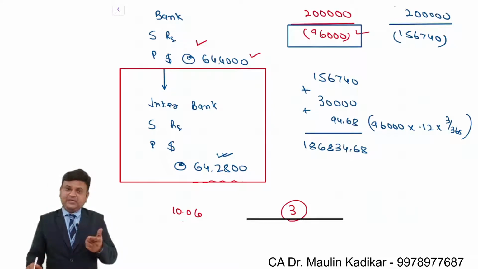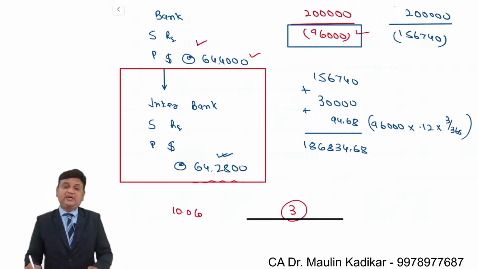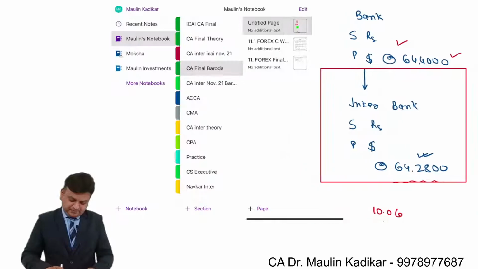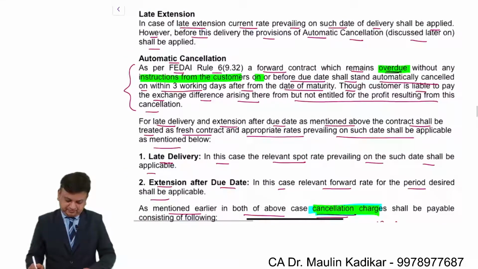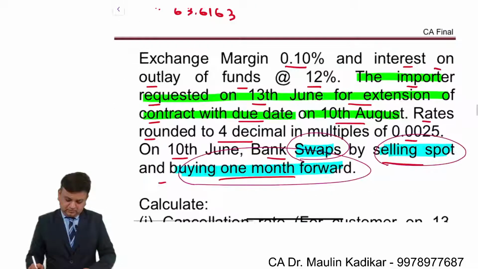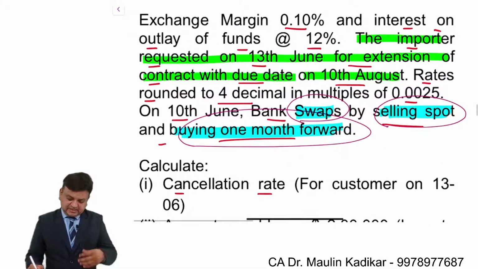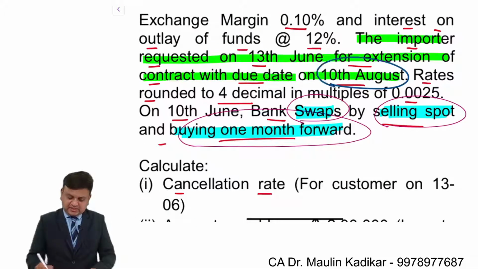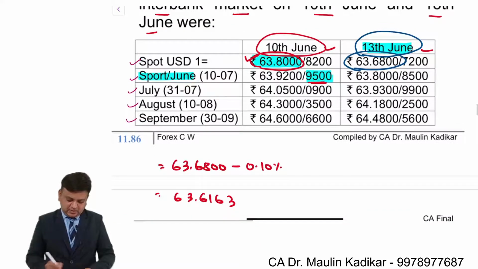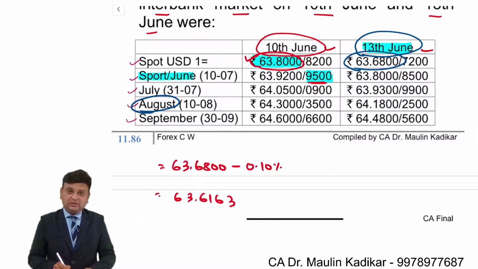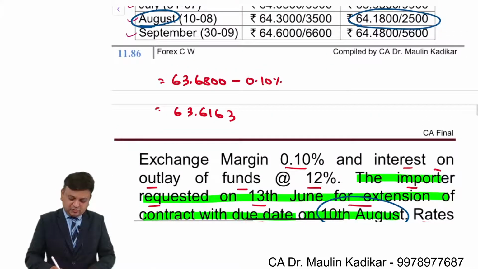Now the customer says that he wants to extend his contract till 10th of August. That is what he says. For the August month, this is the exchange rate which is prevailing, 64.25 plus 0.10%.